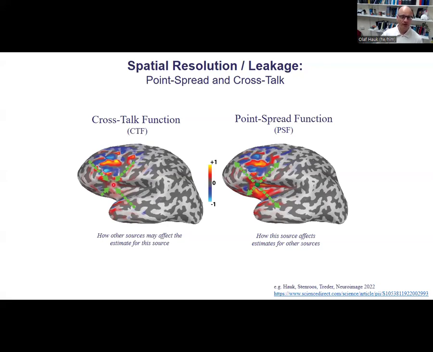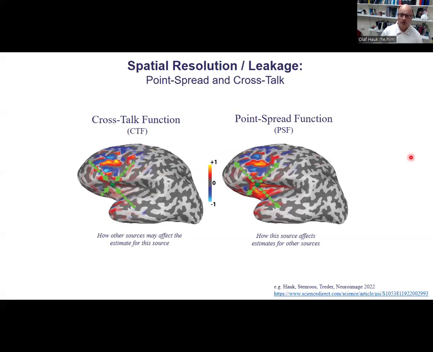So whatever I extract from here will be affected by sources around this location. And this is given by the so-called crosstalk function. So how much crosstalk do I get from sources I'm not interested in into the source that I'm interested in? And these two are not necessarily the same, even when you are using the same method. So that's why you have to look at them separately.